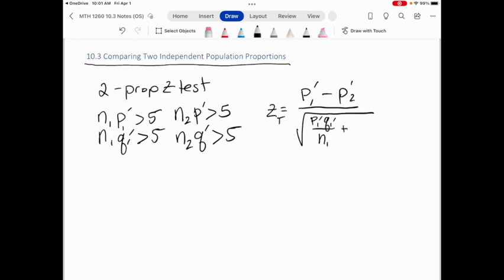And you're going to add that to p2 prime q2 prime all over n2. And that's all going in the denominator under the square root.